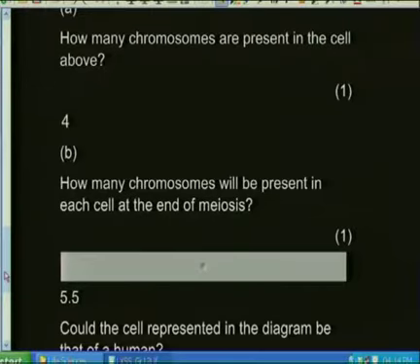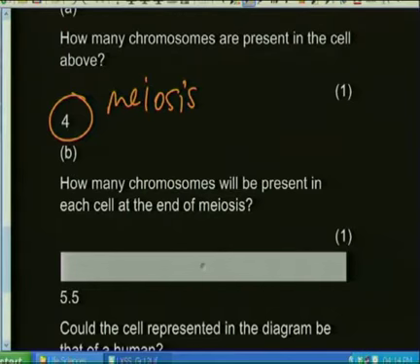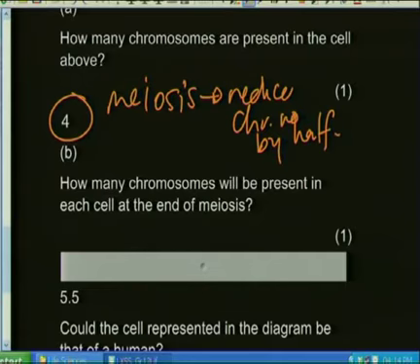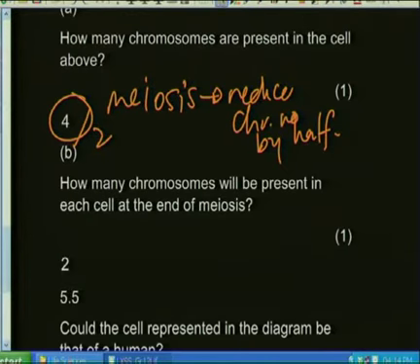Good. How many chromosomes will be present in each cell at the end of meiosis? If there were 4 at the beginning of meiosis, what will there be at the end of meiosis, when meiosis' job is to reduce the chromosome number by half? 4 divided by 2 should, I hope, give us 2.